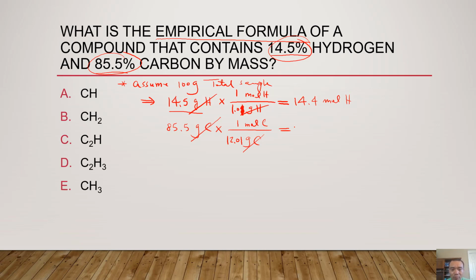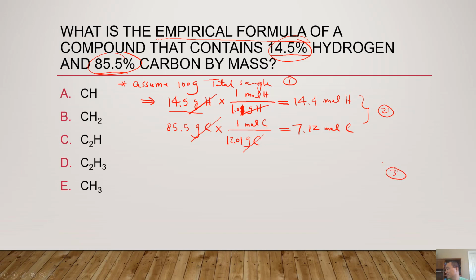It's 7.12 mole of carbon. Depending on how you count, assuming the number of grams is the first step, but the real first step is converting grams to mole.